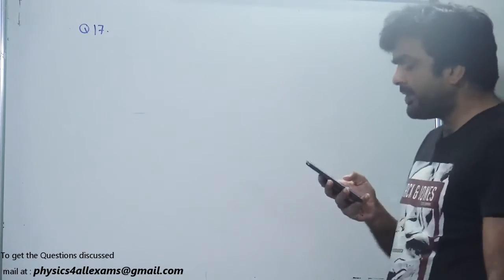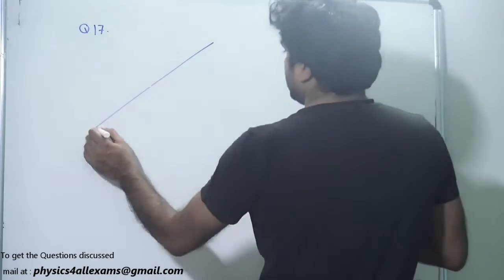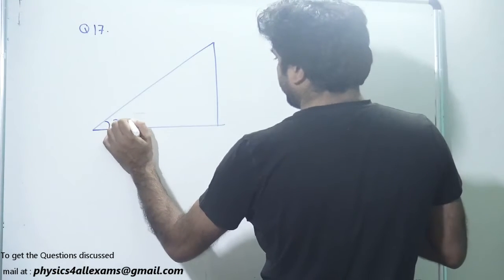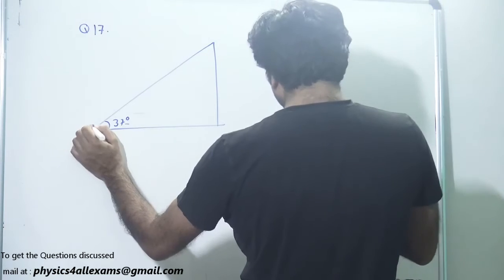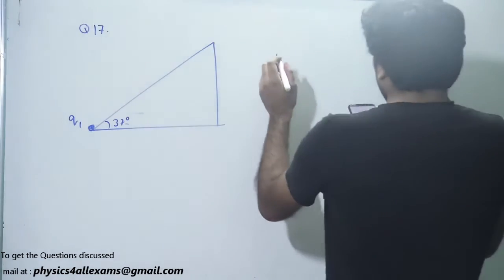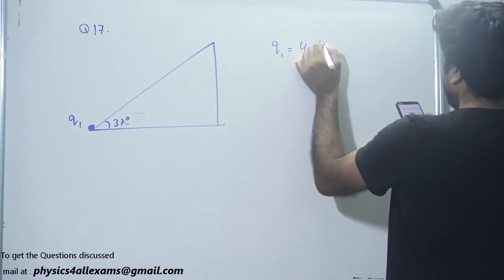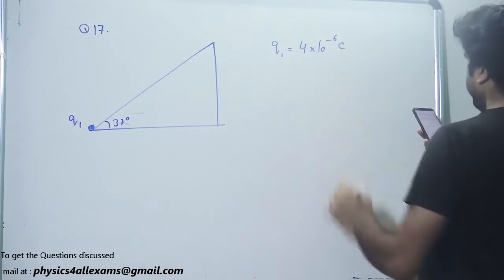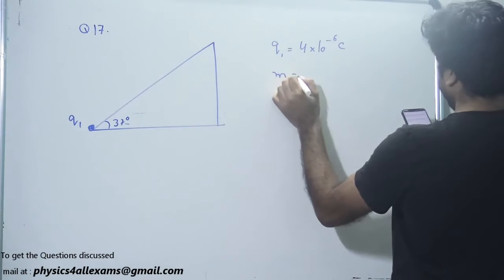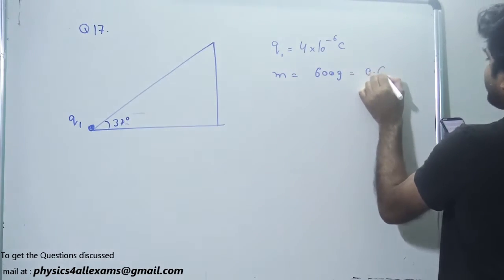So question number 17 is a simple question based on mechanics. There is an inclined plane which makes an angle 37 degree with horizontal. At the bottom there is a charge Q1 fixed, and Q1 is equal to 4 × 10^-6 coulomb, and the mass is given to be 600 gram or 0.6 kg.